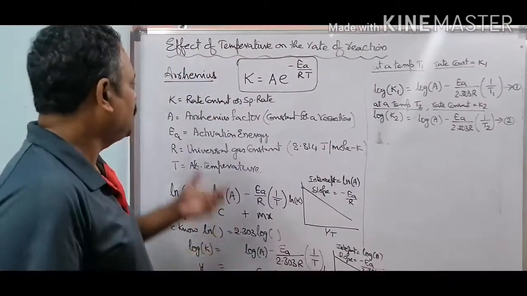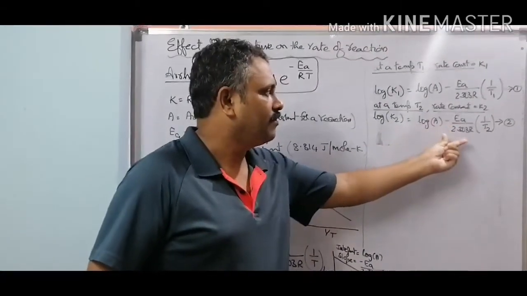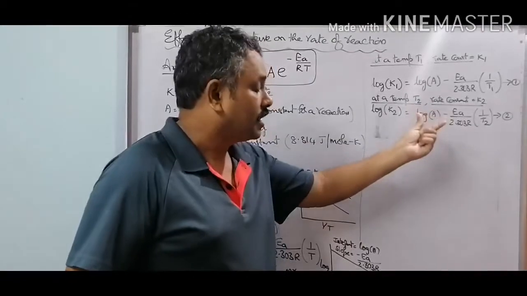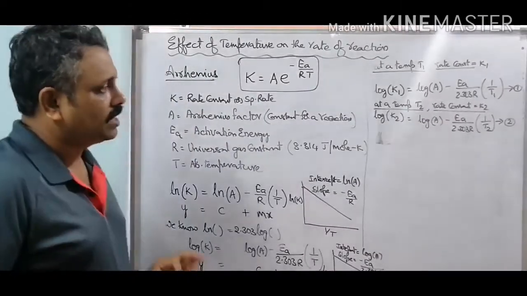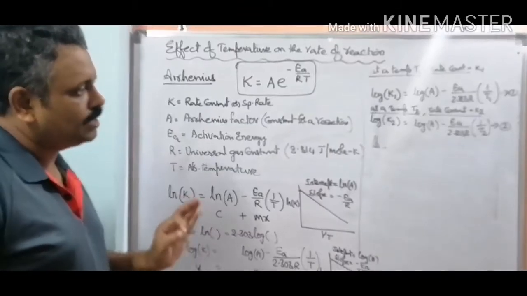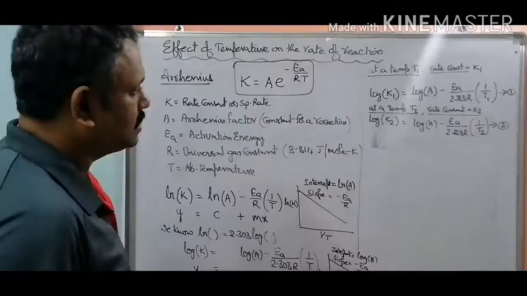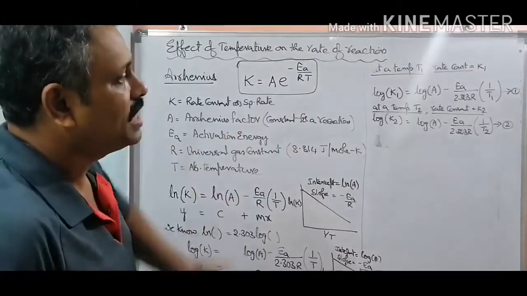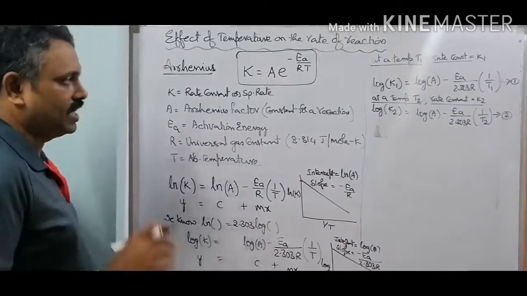Okay, as I told earlier, A doesn't change, A remains the same, and for every reaction to change from reactant to product side, there requires a value which is called activation energy, which will also remain the same. That's why A and EA are kept constant, only temperature and rate constant got varied.